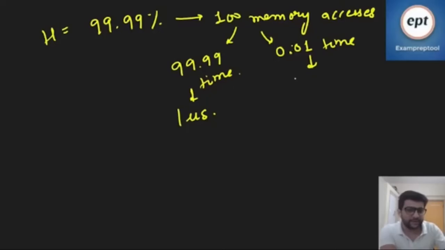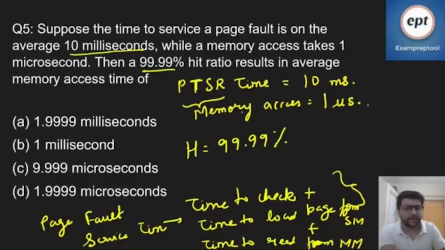Just rewrite that again: 10 milliseconds, right? If we convert this to microseconds, then how much will it be? 10 into 10 cube microseconds, which equals 10 power 4 microseconds. Now we have been asked: what is the average memory access time?